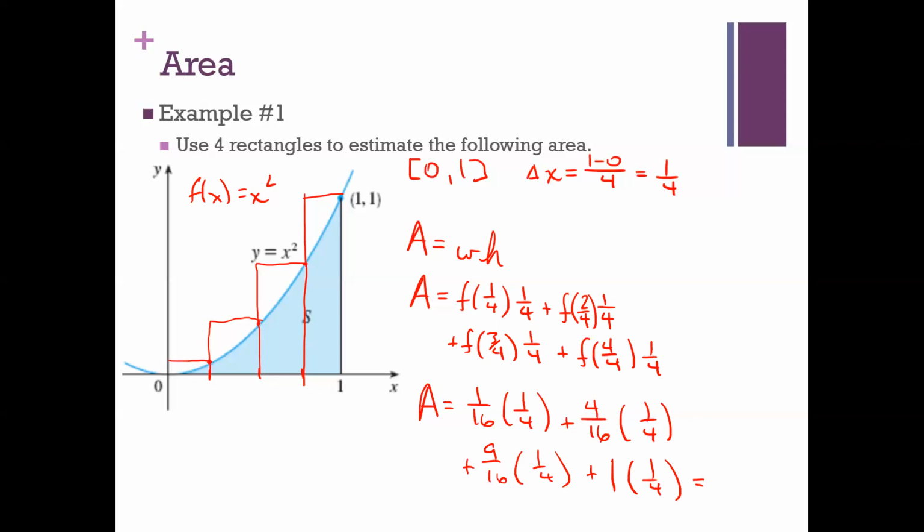So this is a very simple y equals x squared, but we could do this for any kind of function, right? So let me end by getting a number for this. 1/64 plus 4/64 plus 9/64 plus 16/64.